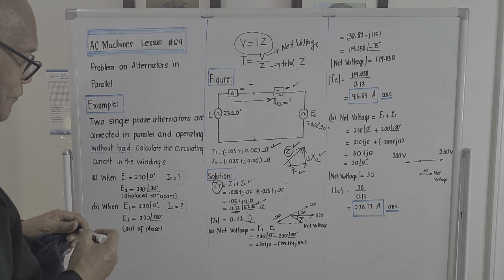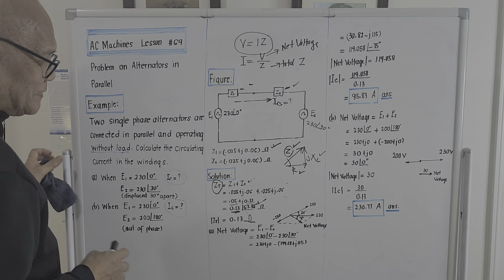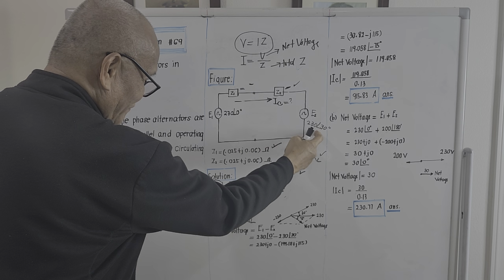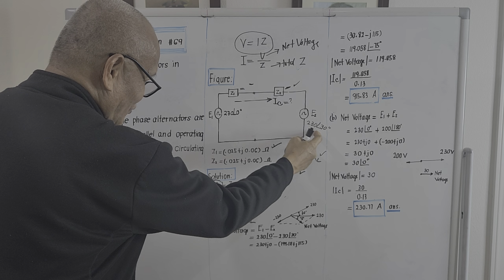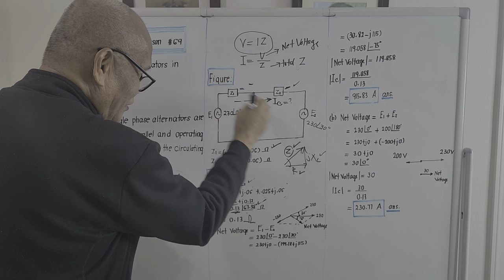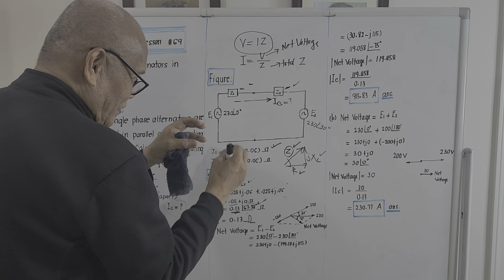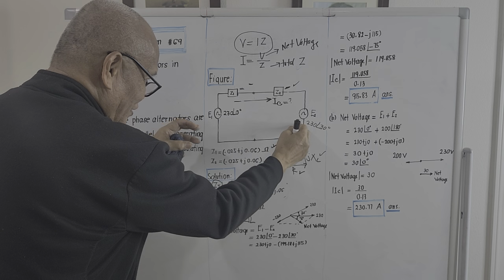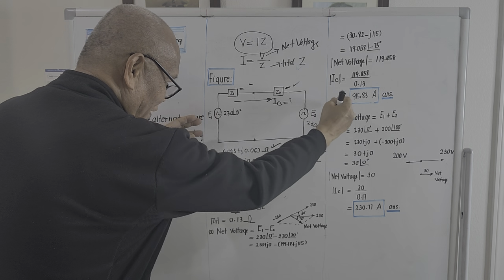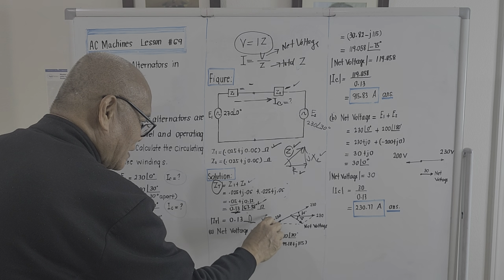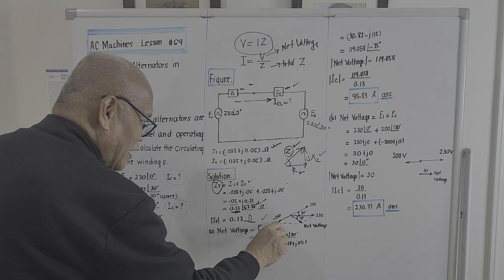If we try to draw the vector diagram of this one here, the real part of this one is bigger than this one. Right? So they will try to fight each other. This should be stronger than this one, so the circulating current will be to the right. So in here, I place it here, E1. Okay, the net voltage will be the difference E1 minus E2.